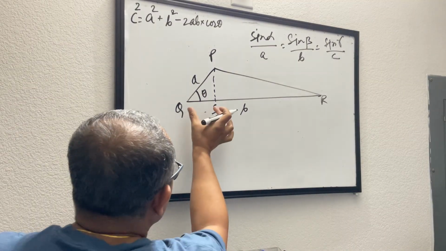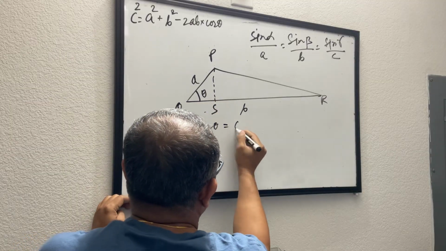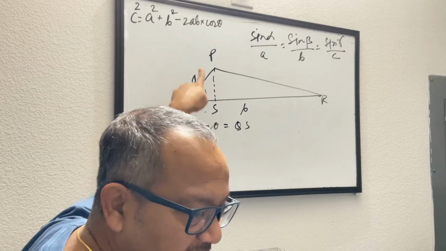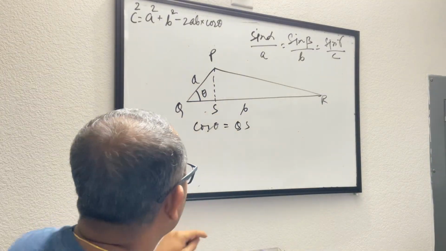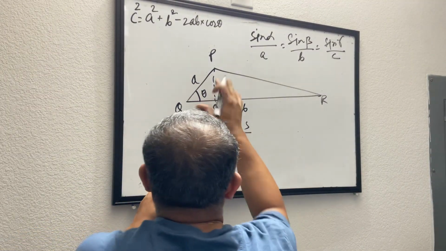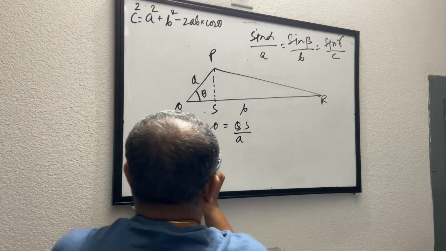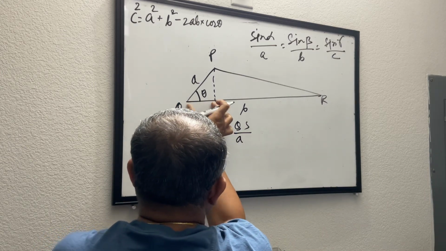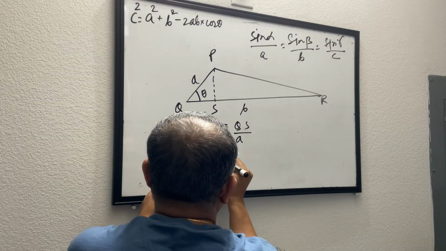That will be this length QS divided by the hypotenuse, adjacent side by hypotenuse, QS by hypotenuse A. So that means we got QS, this length, equals A times cos theta. Is that okay so far?